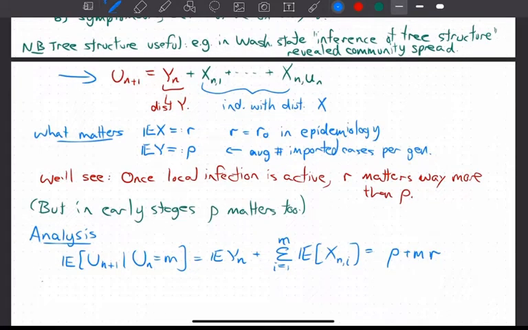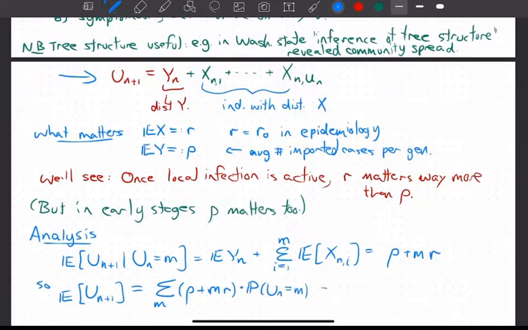And so that tells us that the expected value of U_{n+1} is just the weighted average, the sum of rho plus mr times the probability that U_n is m, and that's just rho plus r times the expected value of U_n.